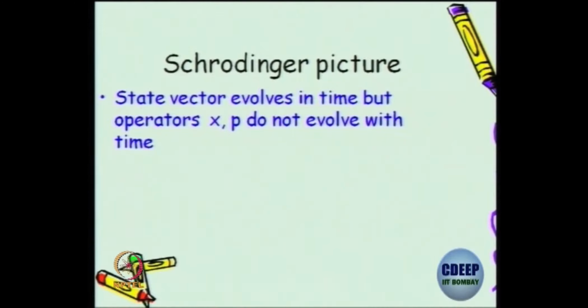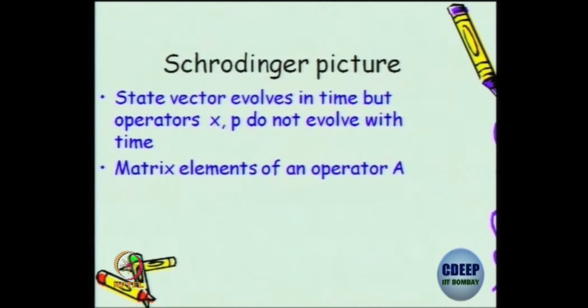State vectors evolve in time, but operators X and P do not evolve with time. As operators they don't, but as matrix elements of those operators, that matrix element itself could be having an evolution in time due to the state. So take such operators which correspond to observables, if there is no explicit time dependence. This could be a position operator, or a momentum operator or angular momentum operator.